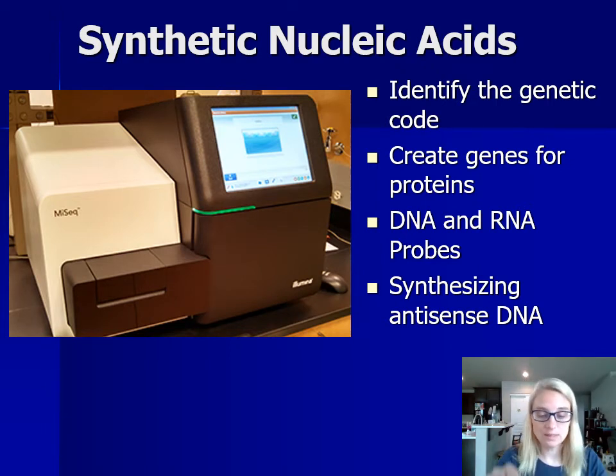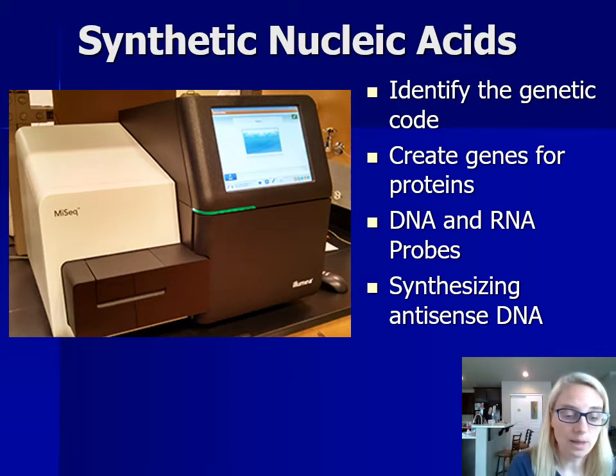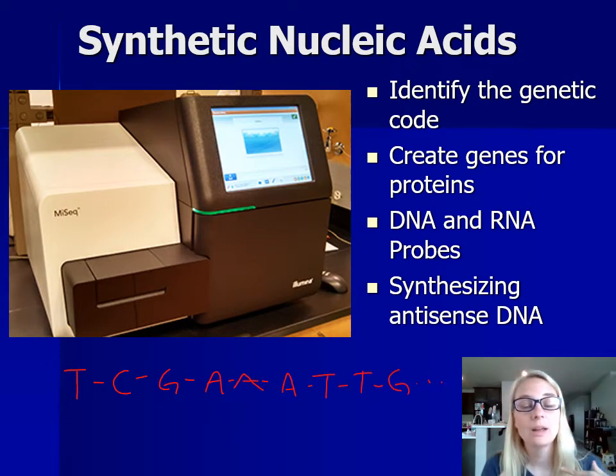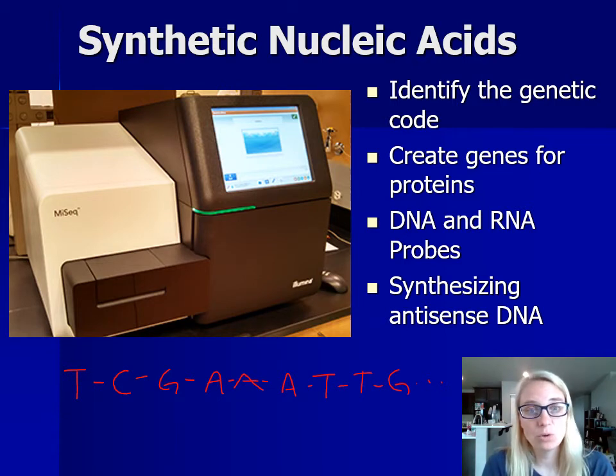So I'm going to put A, T, C, G, G, G, A, T, whatever you want, and then the machine will create a synthetic piece of nucleic acid for you, whether it's going to be a DNA or an RNA. The machine has the ability to make a T, C, G, A, T, T, whatever you need, it puts it in that order, and now you have a piece of nucleic acid with your specific sequence in it.